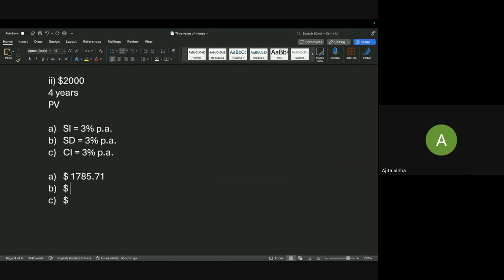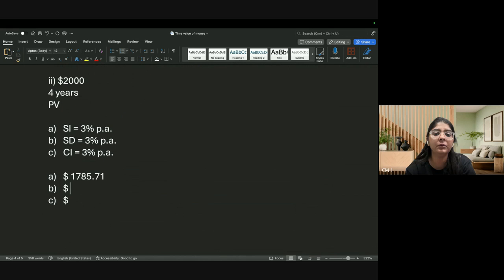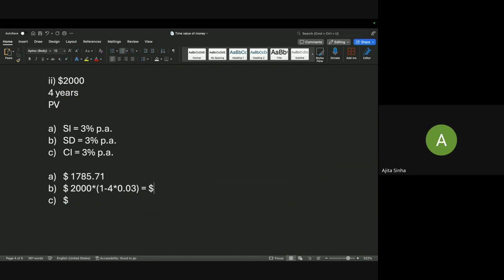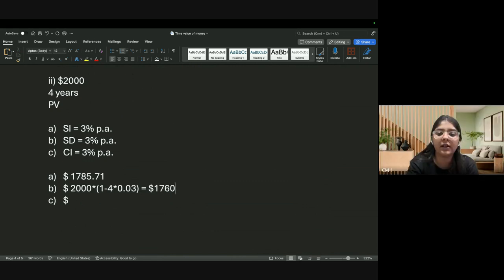The formula would be 2000 into 1 minus ND. Correct. 2000 into 1 minus N, where N is 4 and D is 3%. This will give you your final answer, which is 1760. Correct.